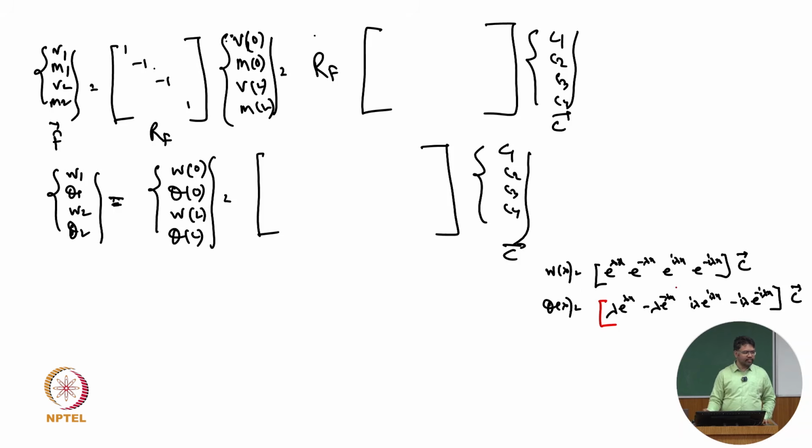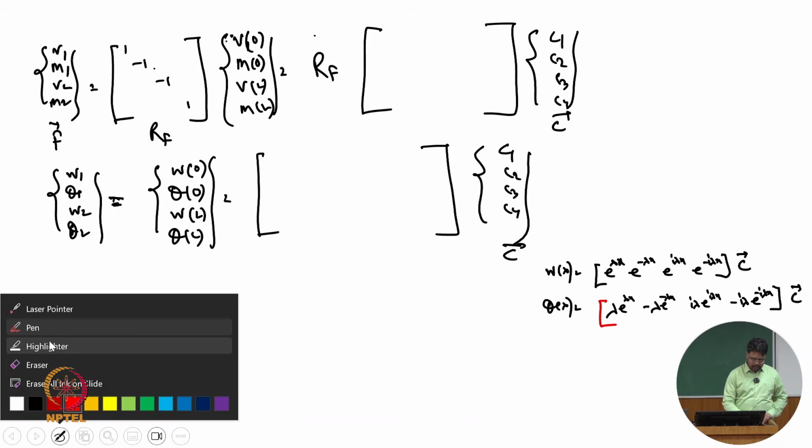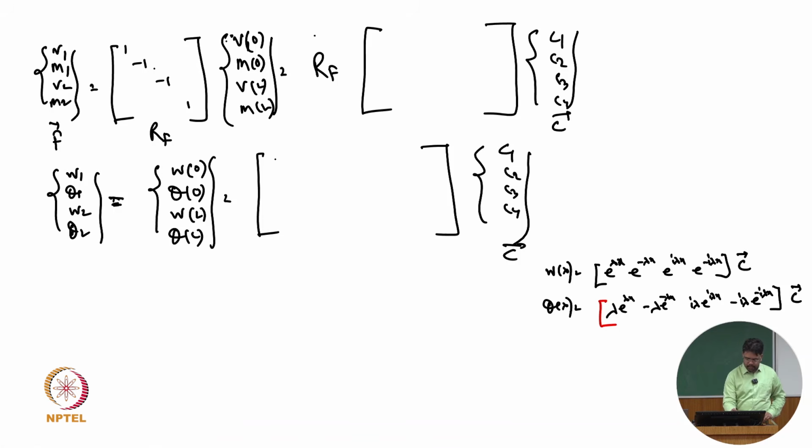That was my Wx and theta x. Now if you put in W0, how much will it be? 1, 1, 1, 1, because you are putting x equal to 0 everywhere, so e to the power of 0 everywhere, and all become 1. Next row, you will have lambda, minus lambda, i lambda, minus i lambda.